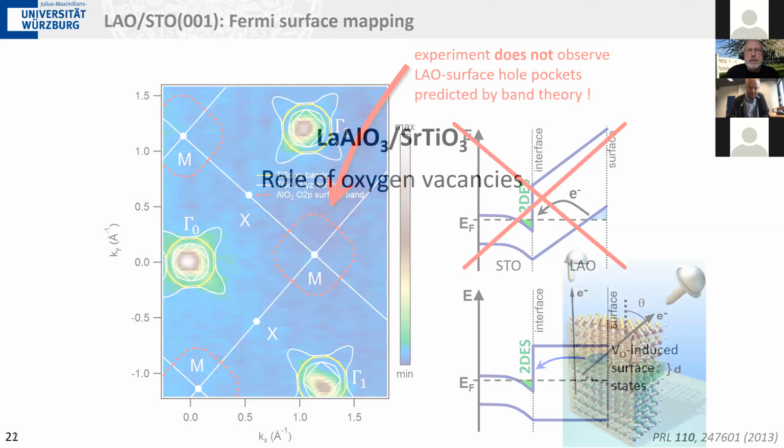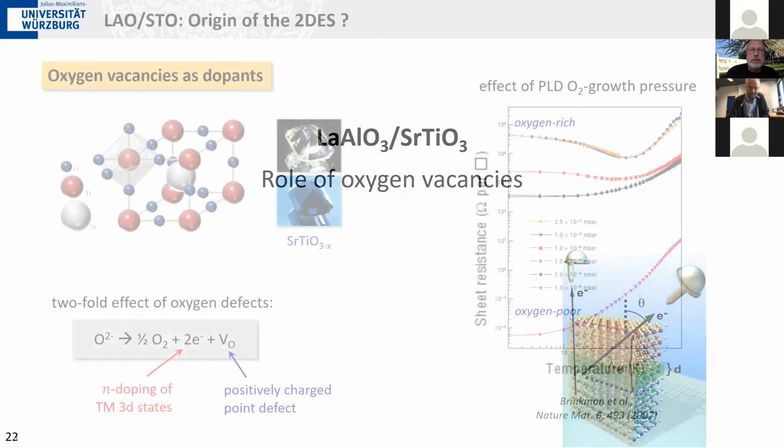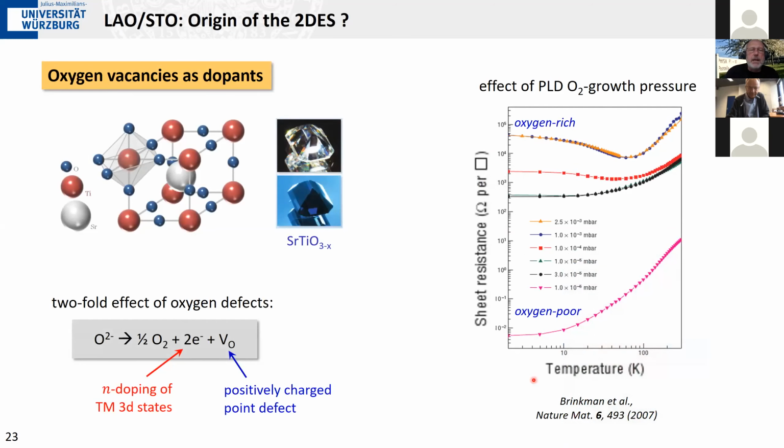Okay, I think this is what I wanted to say about the band situation, but I was mentioning this in-gap state, which is due to oxygen vacancies on the STO side. In the following, I will discuss a little bit the role of oxygen vacancies in the STO, not in the LAO, but in the STO, where we are most sensitive with resonant photoemission to the titanium 3d states. And we can ask ourselves, what would an oxygen vacancy lead to?